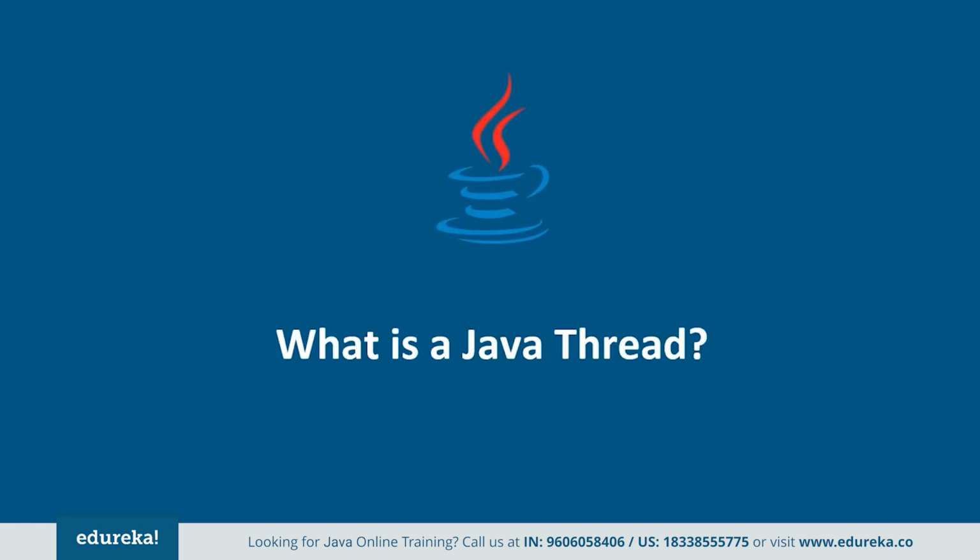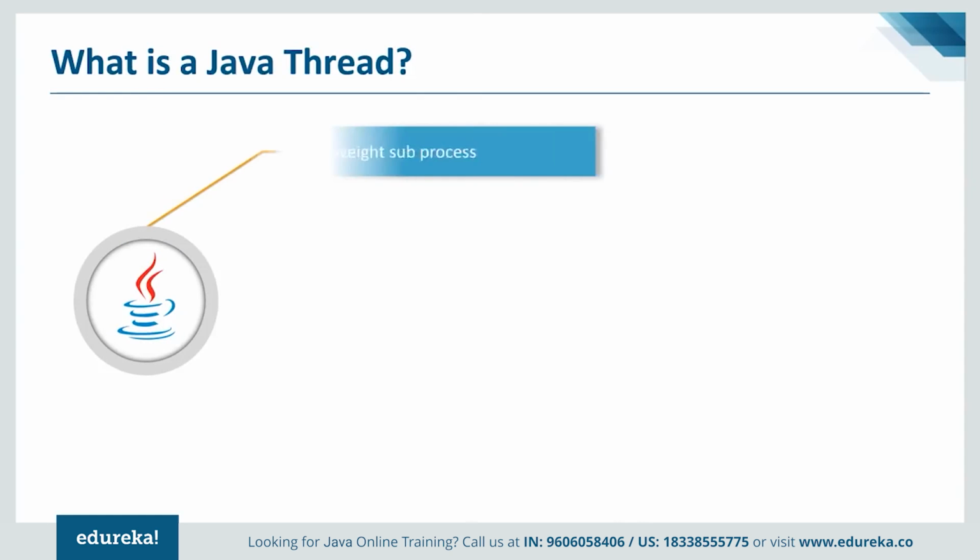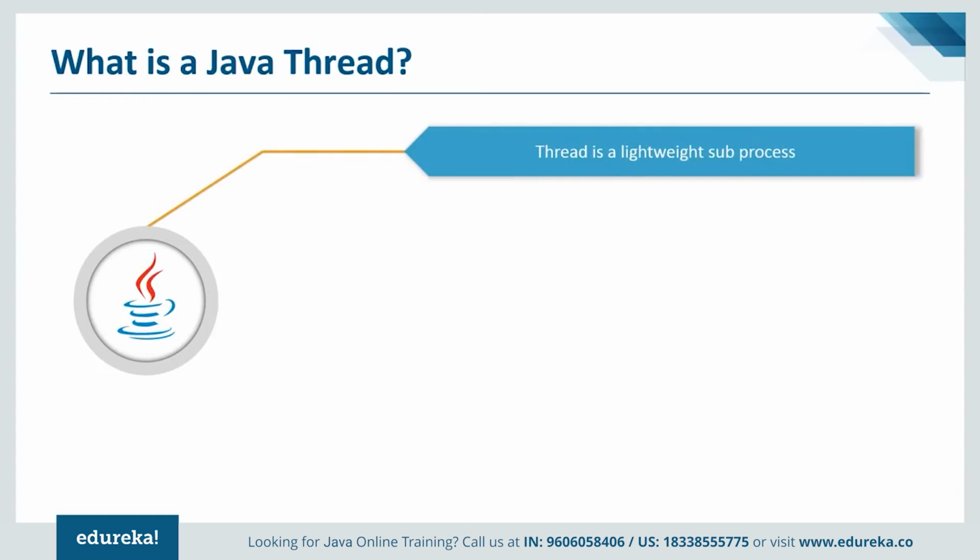So to begin with, what is a Java thread? A Java thread is a lightweight sub-process. In an application, we have one main thread. When our application is running, the operating system is going to create one process. In the same way, the Java virtual machine will take care of your Java applications.